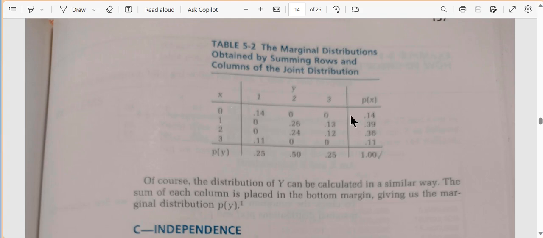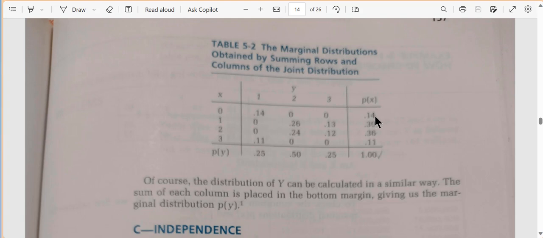Now, how do I get the probability for this whole event? Well, we know it's here, 0.14. And how do I get the probability for this whole event? We know that's 0.25. So we're asking, is the probability of xy, which is here, equal to the probability of x here times the probability of y here?